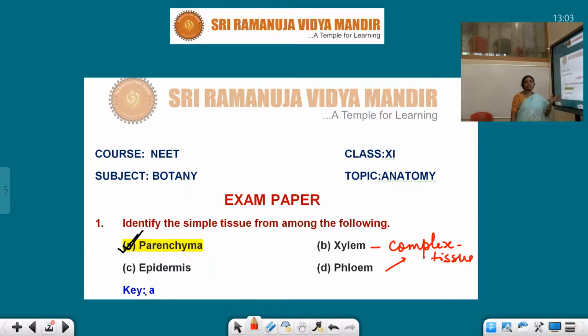And epidermis, the epidermal cells are present on the outer side. It is the outermost layer of root, stem and leaves, and these are also modified parenchymatous. But we are not talking about the layer. It is the region placed on the outer side of the root, stem and leaf, and it is meant for protection. So the answer here is parenchyma.